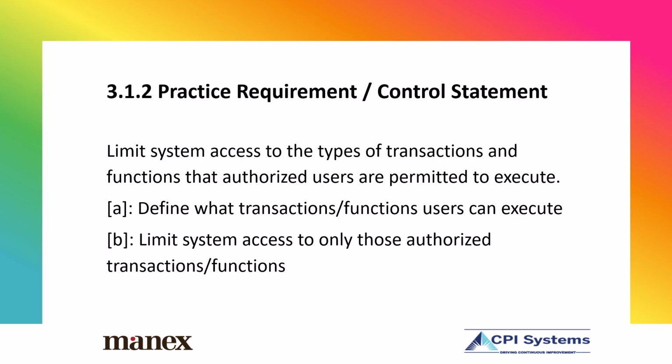Control 3.1.2 is about access limitation and enforcing least privilege. First, you must clearly define user permissions, what actions and data they can access. Second, you must actively restrict system capabilities so users can only perform those actions and nothing more.